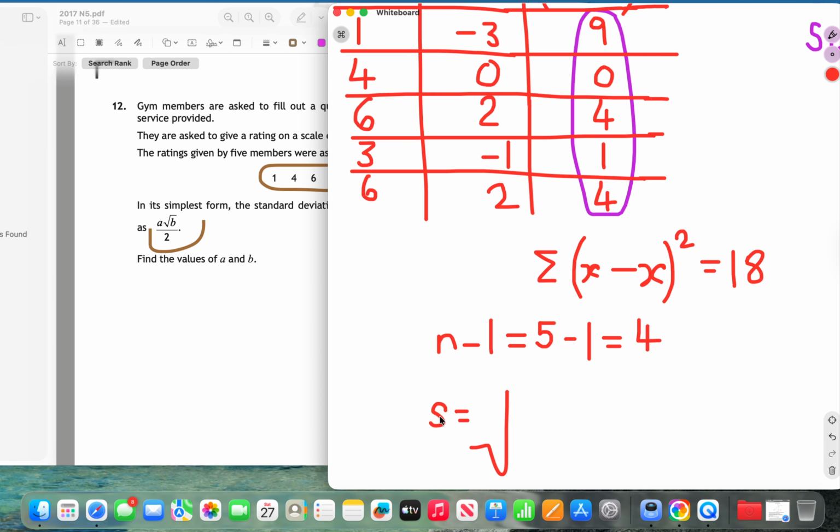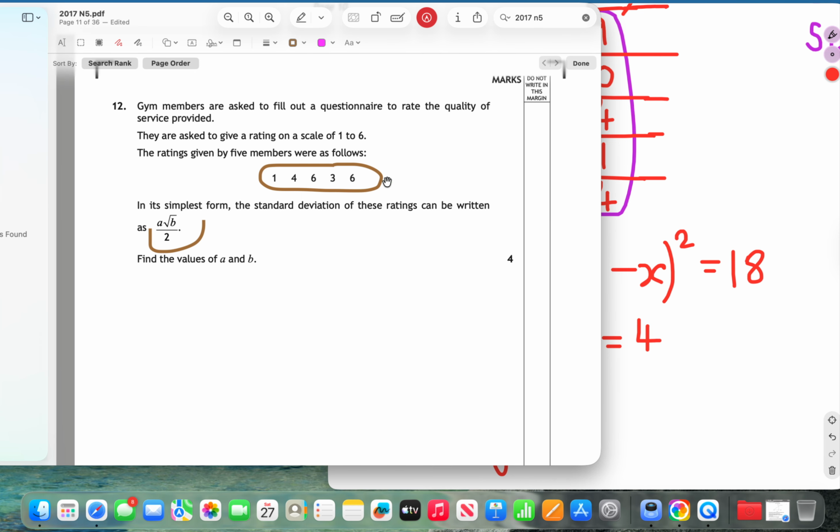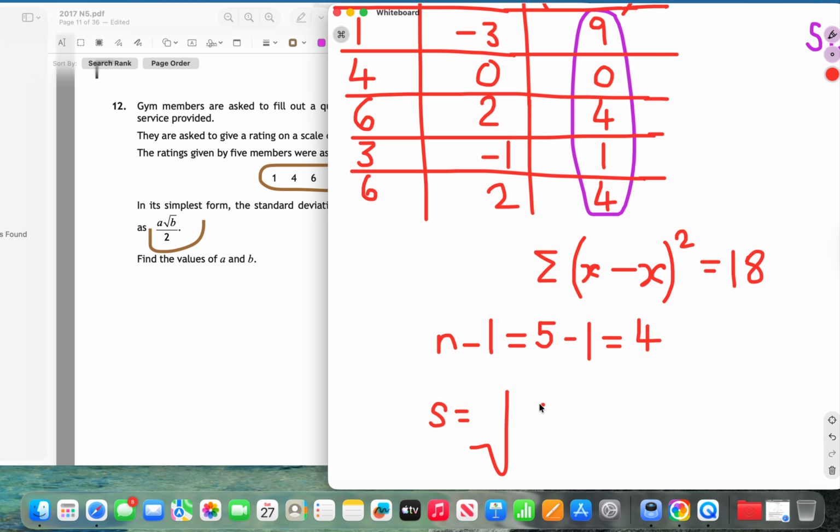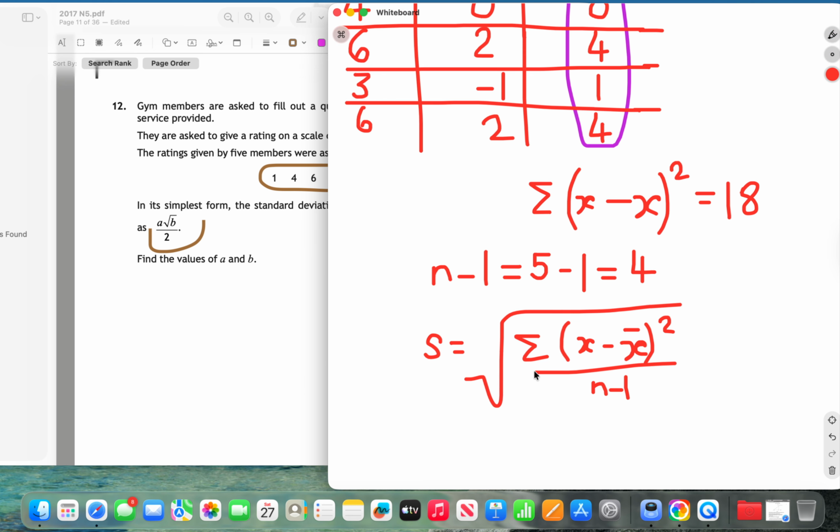S is the standard deviation of the sample of 5. We denote that with S. We get the square root of, and we get 18 over 4.